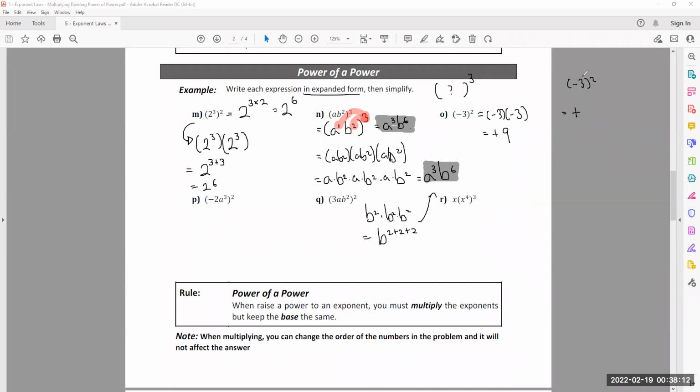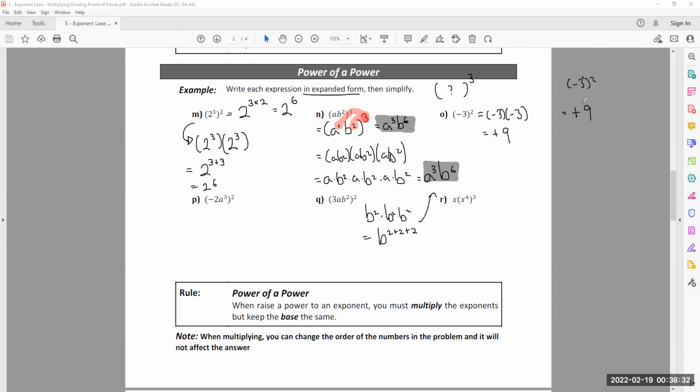Also, knowing that 3 has that invisible exponent of 1, when you apply the power of a power law, you know that it's going to be 3 to the power of 2, which is going to be 9. There's a variety of ways you could go about this, whatever works for you, whatever makes you feel comfortable.